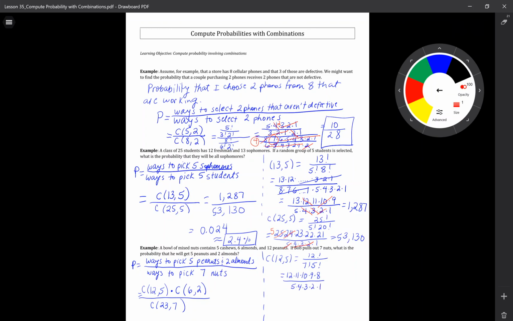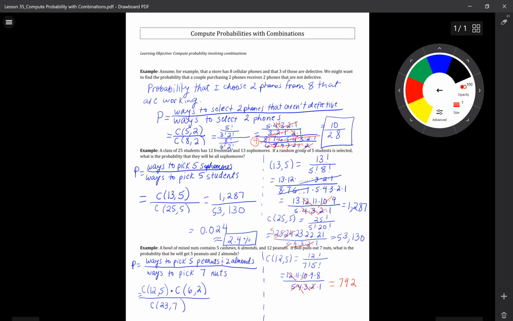Well, I can cancel out the 5 and the 2 with the 10, and the 4 and the 3 with the 12. So I'm left with 11 times 9 times 8, which is 792. That's C of 12 choose 5.